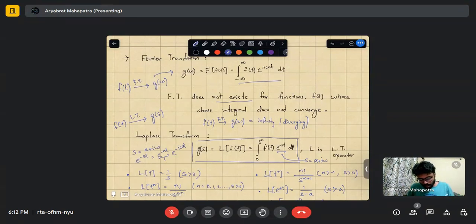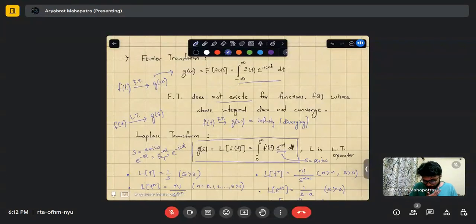Your argument, or that domain variable s, is alpha plus i omega, and when you do that, you get a factor of exponential of minus alpha t, which will suppress your diverging nature.